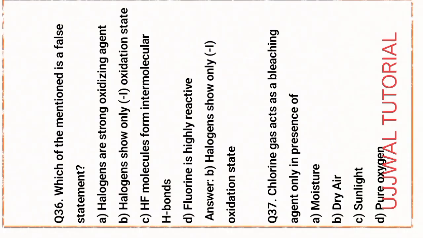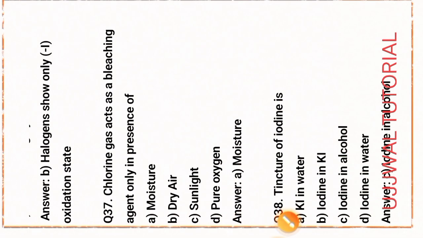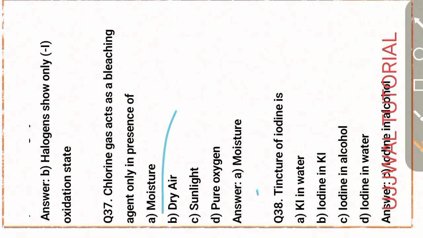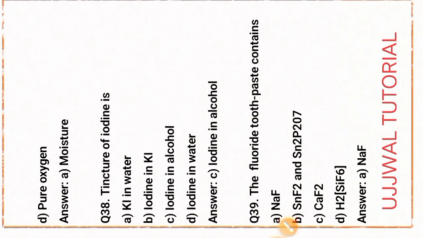Okay, next question number 37. Chlorine gas acts as a bleaching agent only in the presence of moisture. Option A is the right answer. Next question number 38.